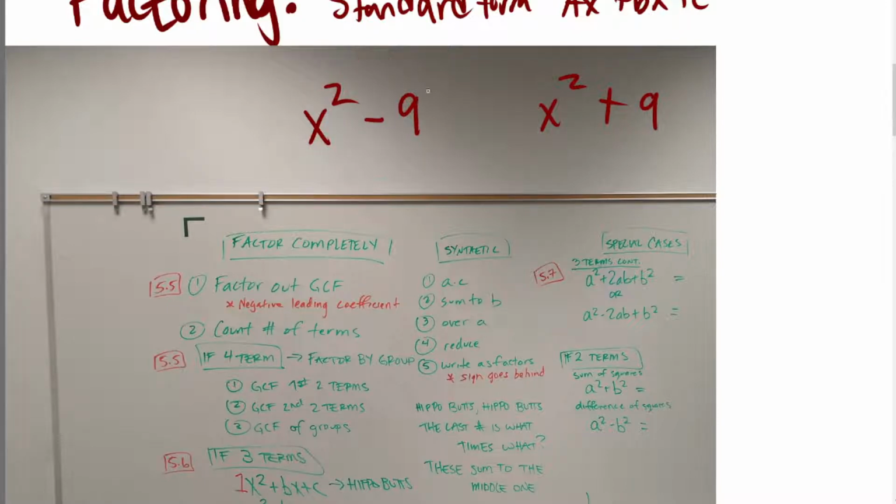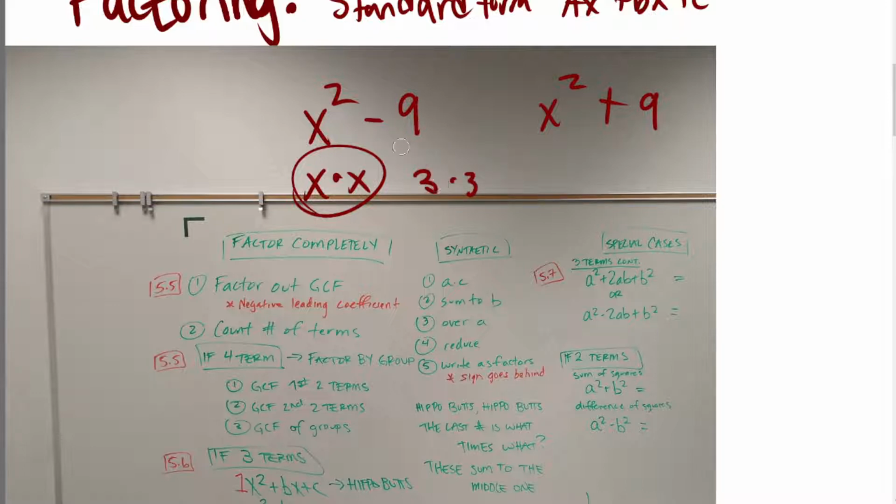If you see x squared minus 9, you can think, hey, we are looking for the perfect squares. So x times x will equal x squared, right? And 3 times 3 equals 9.